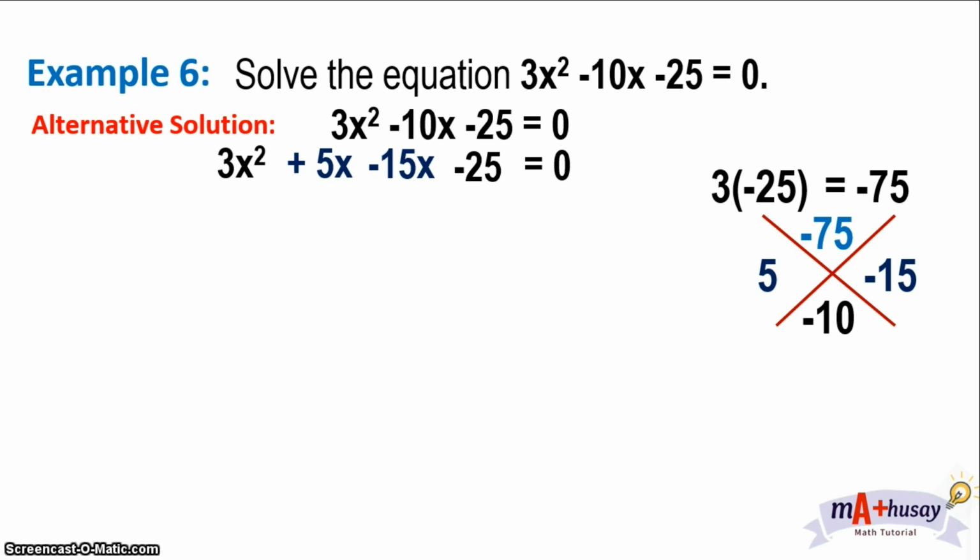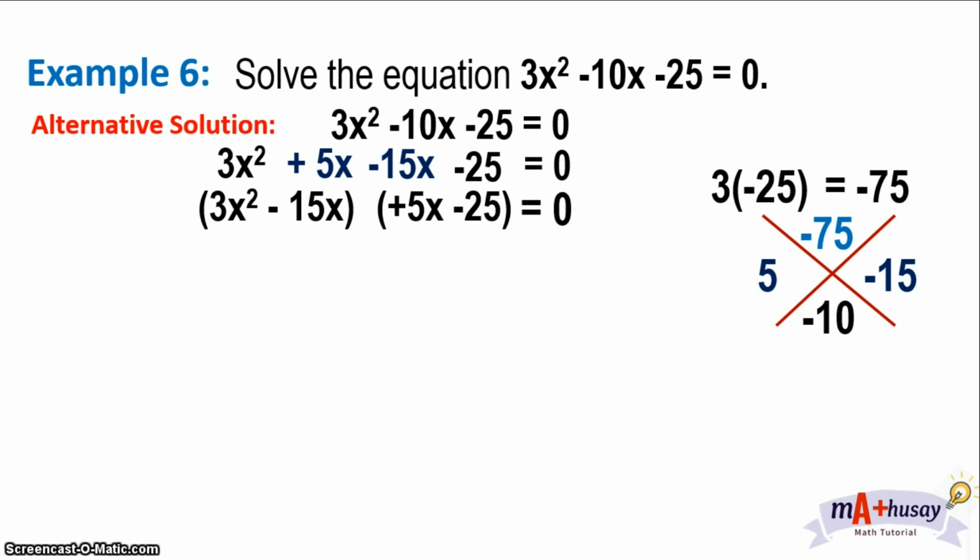Now, in this case, pwede tayong mag-regroup. So, we will regroup the equation 3x squared plus 5x minus 15x minus 25 equals 0 into 3x squared minus 15x plus 5x minus 25 equals 0. So, ang purpose ng regrouping is that we pull out the greatest common factor.